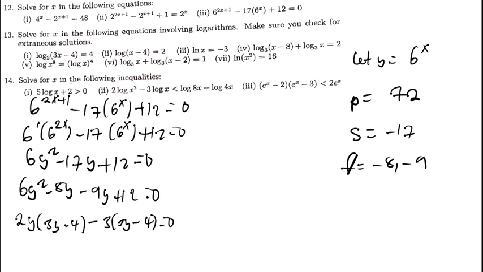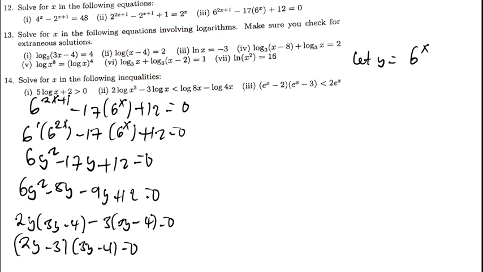Meaning I have 2y minus 3 and 3y minus 4 is equal to 0. Then 2y minus 3 is equal to 0 and 3y minus 4 is equal to 0.